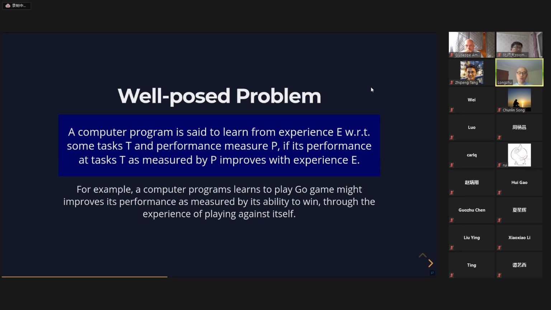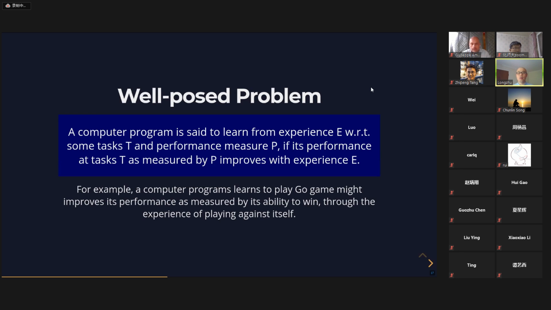He says a computer program is said to learn from experience with respect to some task, and also some performance measure P on the task, if its performance on the task, as measured by P, improves with experience. Then this program is said to be a learner.